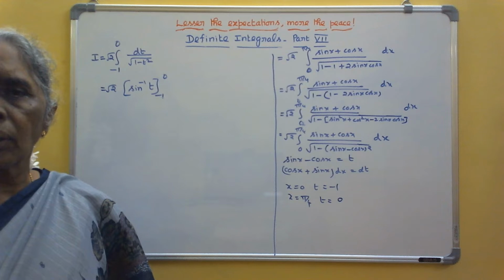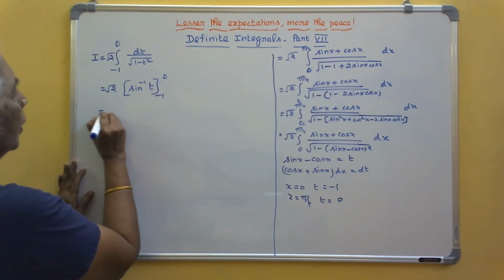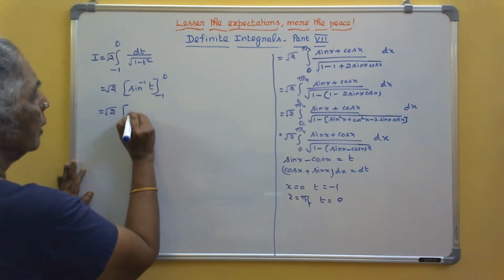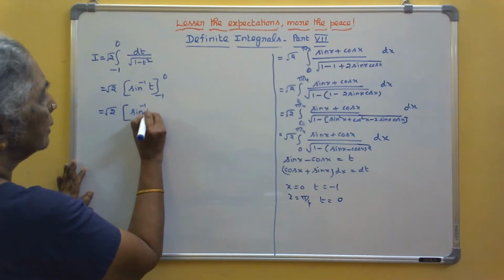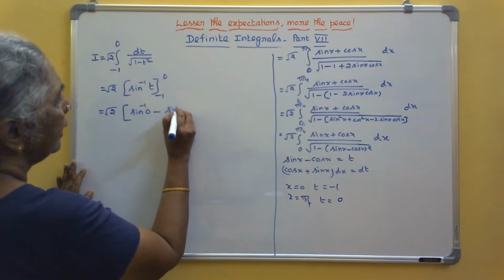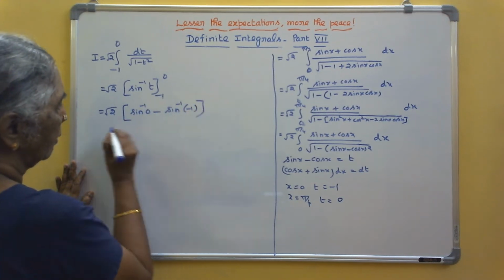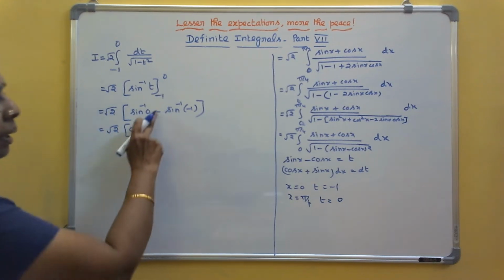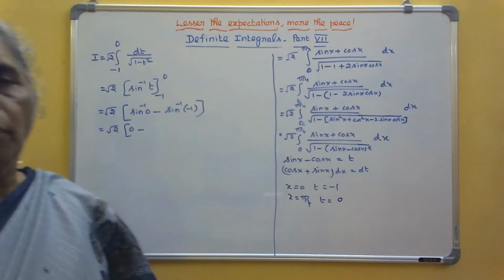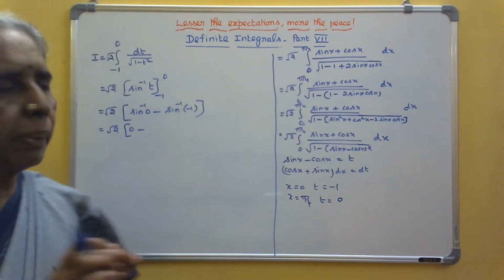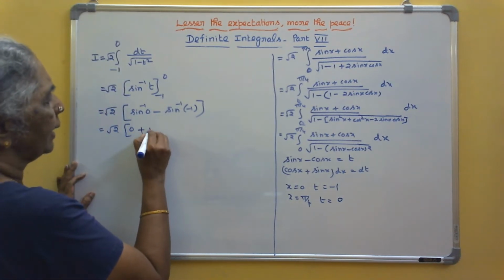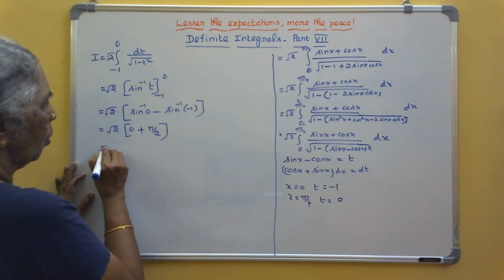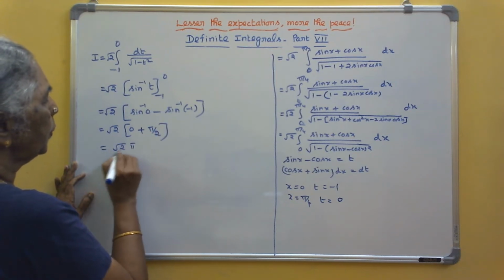So now you will get root 2 times sin inverse 0 minus sin inverse minus 1. Root 2, sin inverse 0 is 0, minus sin inverse minus 1, which is minus pi by 2. So minus into minus becomes plus. So you will get root 2 pi by 2.